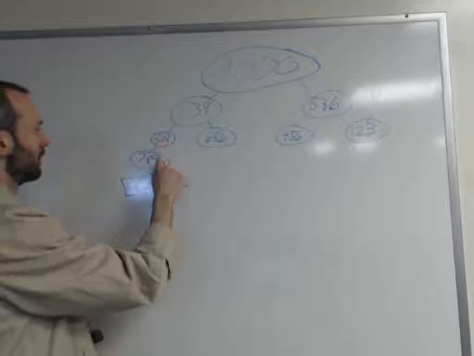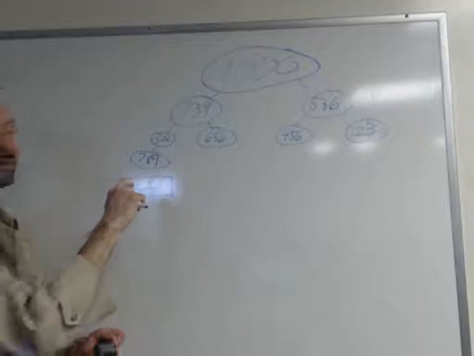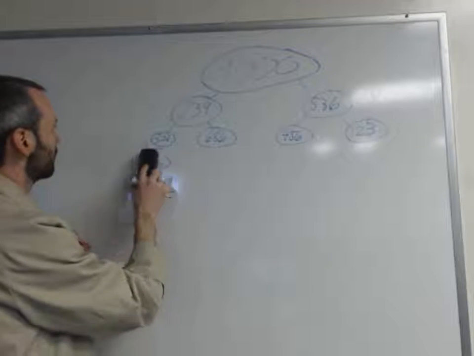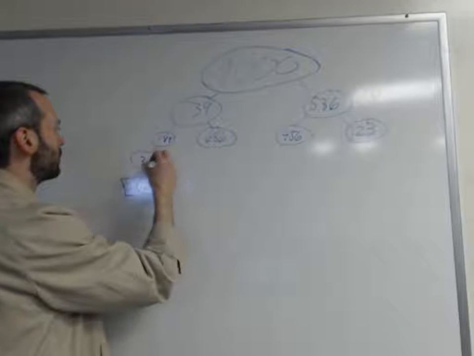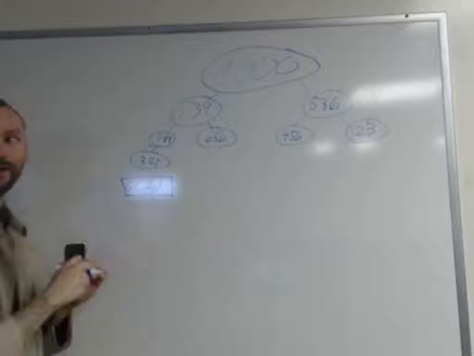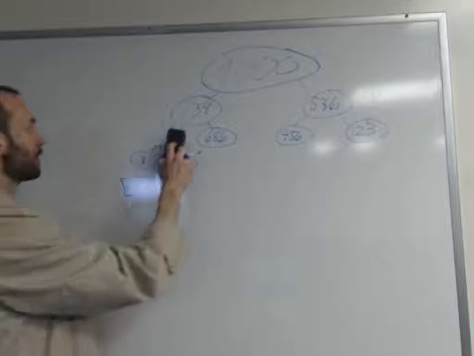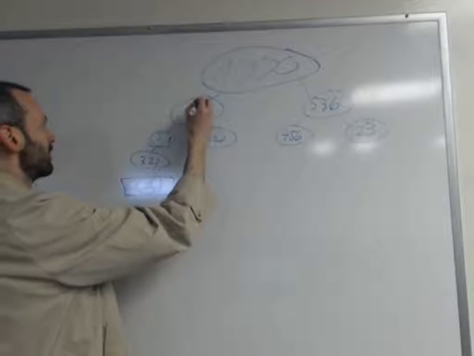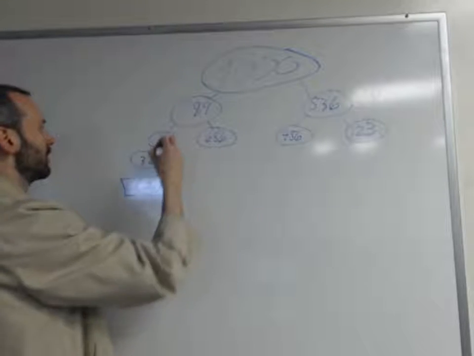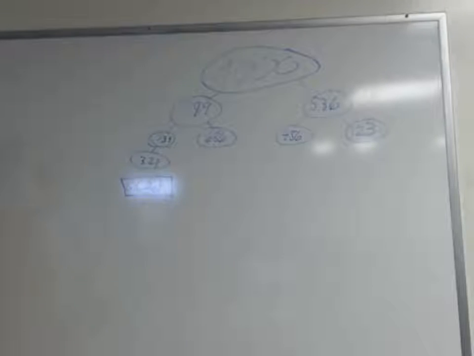Sift it up. So 789, 3, 2, 1. Do we have the heap property? No. Gotta sift it up. I just have to change one digit. 789, 73. Do we have the heap property? We're done.